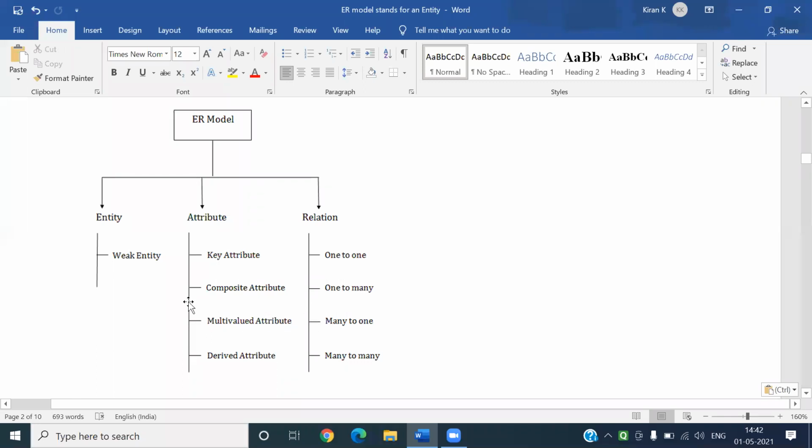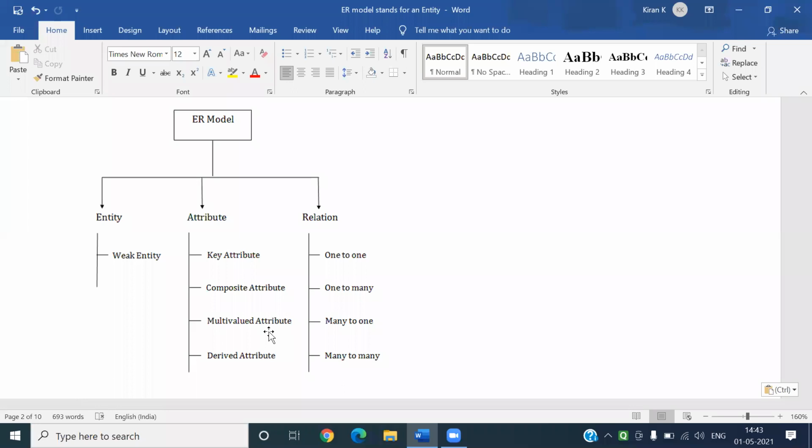What do you mean by multi-valued attribute? See, you have already seen in C language the array. Array is called multi-value. It stores not only one value but many values. For example, here in a classroom, suppose you want to store all absentee roll numbers. You want to have an attribute called absentee roll numbers.